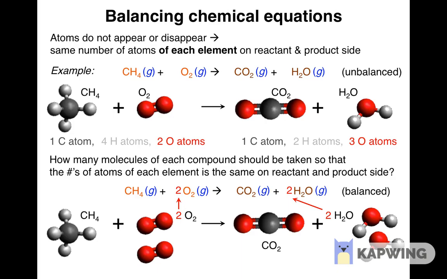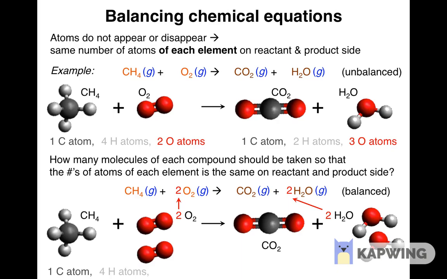Now, when we count the total numbers of atoms of each element on the reactant and the product sides of the chemical equation, we find that they are the same. There is still 1 carbon atom in 1 methane molecule on the reactant side, and 1 carbon atom in 1 carbon dioxide molecule on the product side.